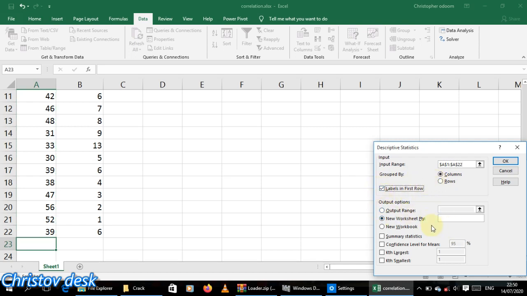Then I want my output in a new worksheet, not a new workbook. I want summary statistics, the variance, the mean, standard deviation, and a confidence level for the mean.